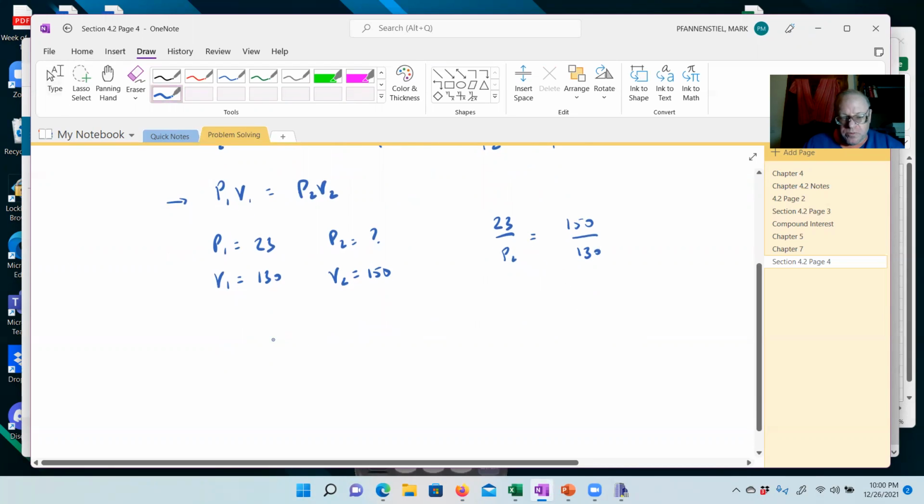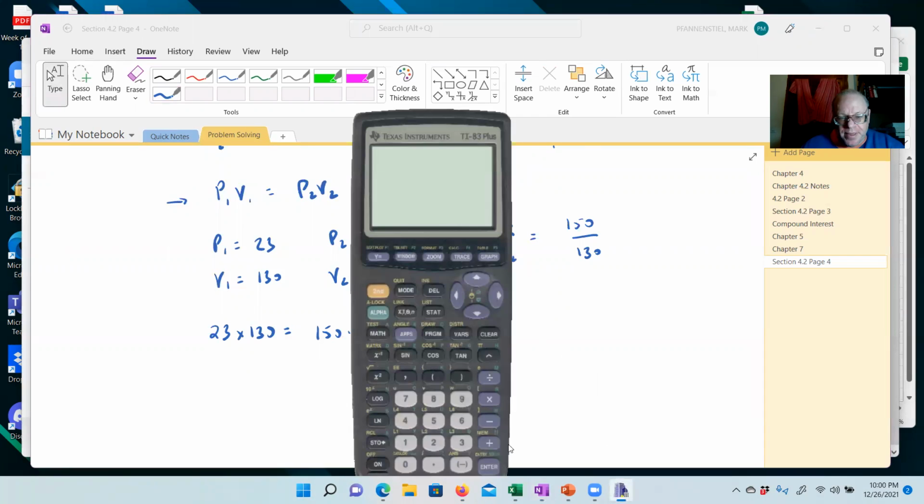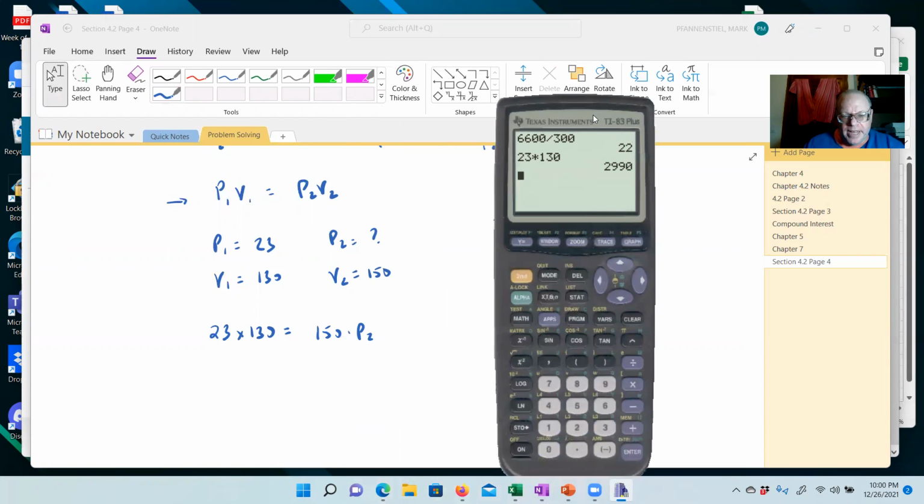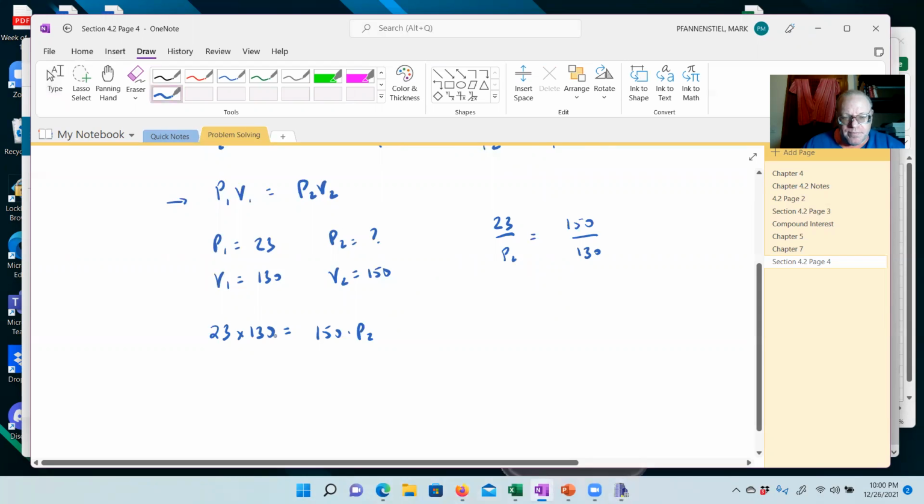So what we're going to do is say 23 times 130 is equal to 150 times P2. I am recording. So what's going on here? We have 23 times 130, which is 2990. So 2990 is equal to 150 times this pressure I don't know.